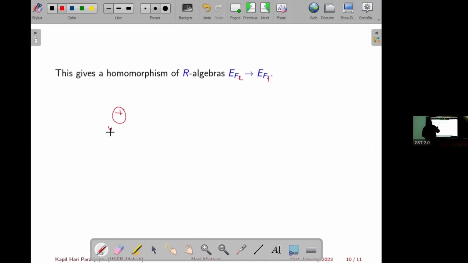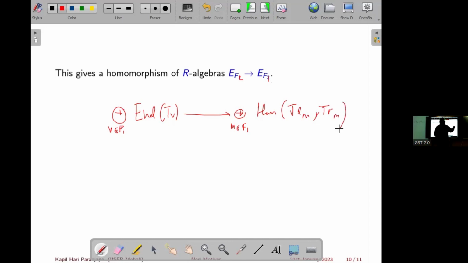Direct sum over V in F1. So I will just write without the V. And then the same thing for F2.